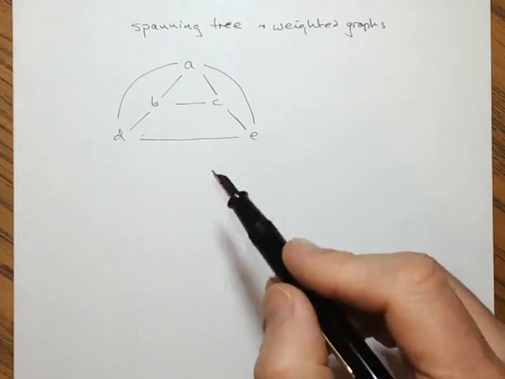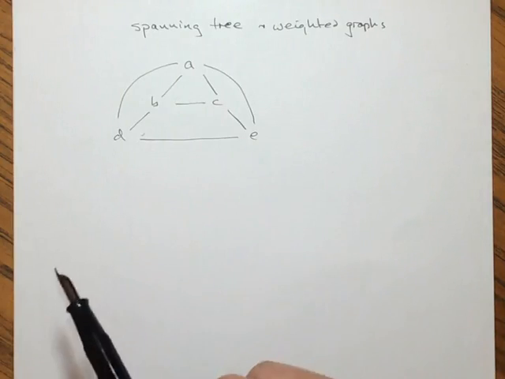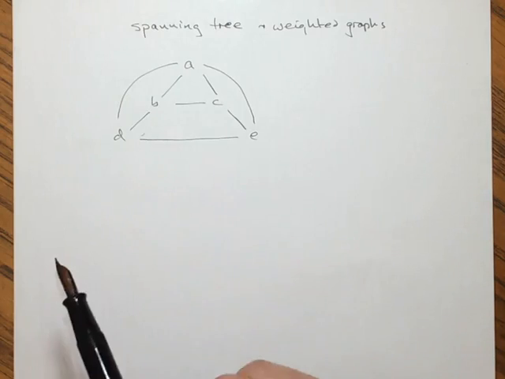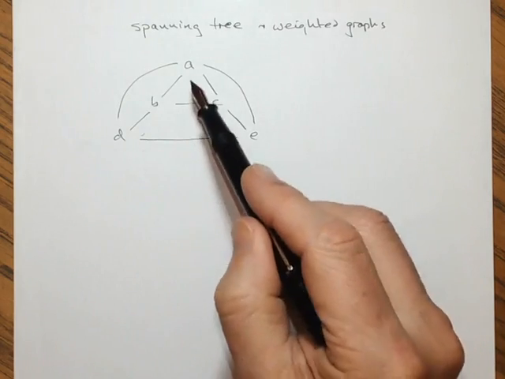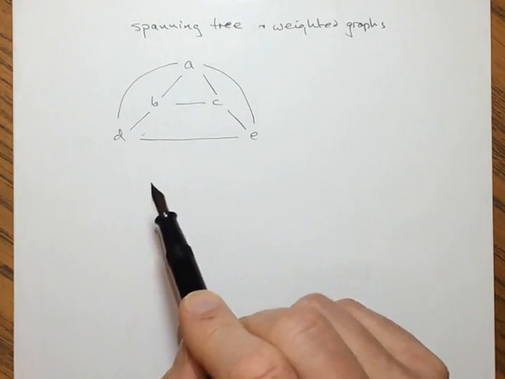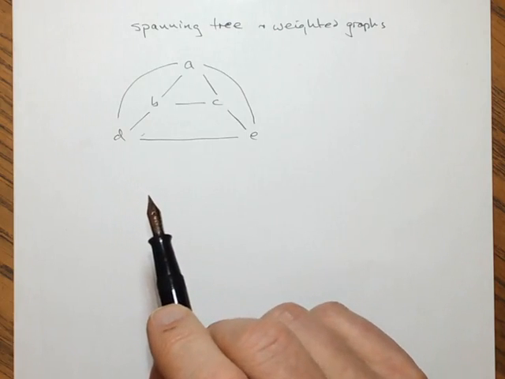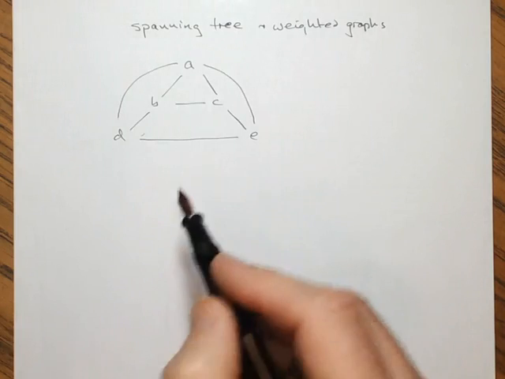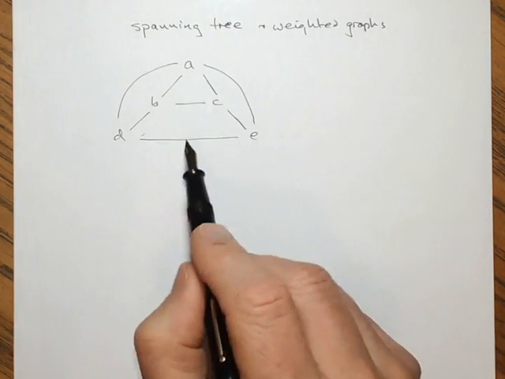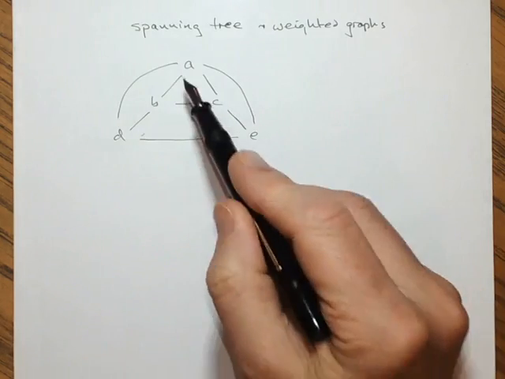Here's a graph that could represent some sort of communication network between 5 different vertices. It could be a local area network with nodes, or it could possibly be 5 cities and we're looking at roads between them. This is the historical genesis of the idea of practical applications of graphs.